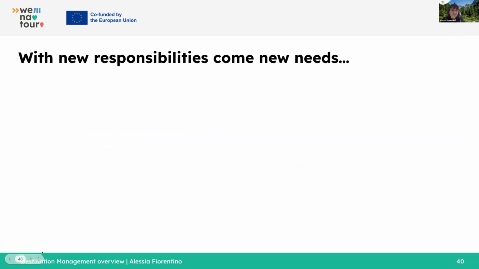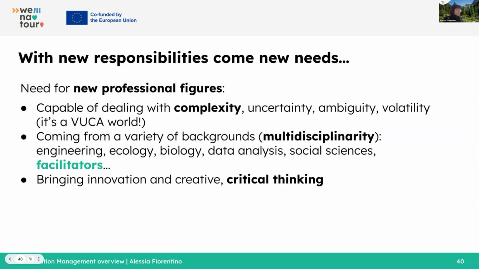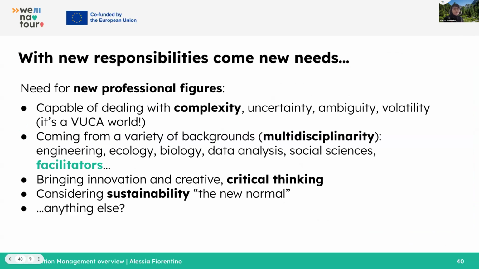Next, please. And this is more for those of you who are maybe trying to find their place in the tourism field. So I think that with new responsibilities come new needs. And so we will need new professional figures who are able to deal with complexity, the VUCA world: volatility, uncertainty, complexity, ambiguity.